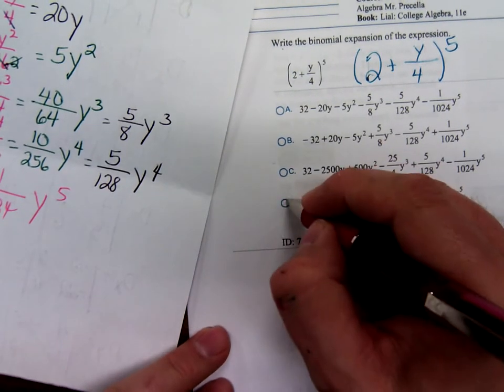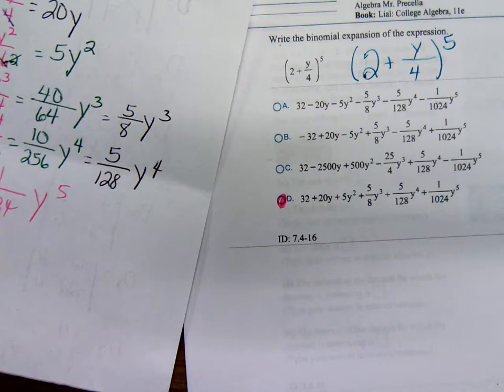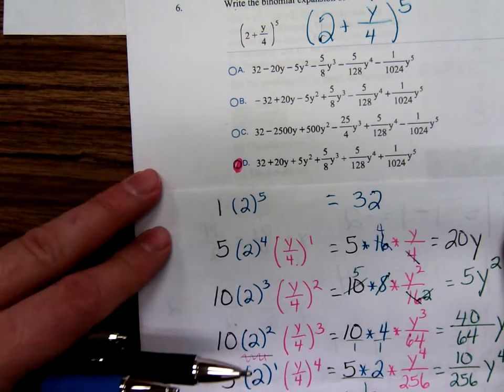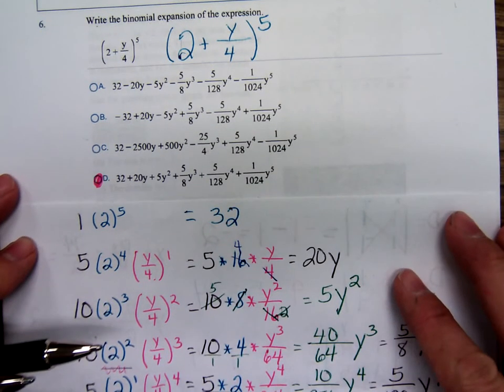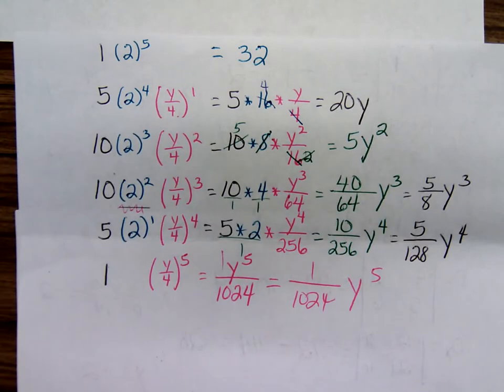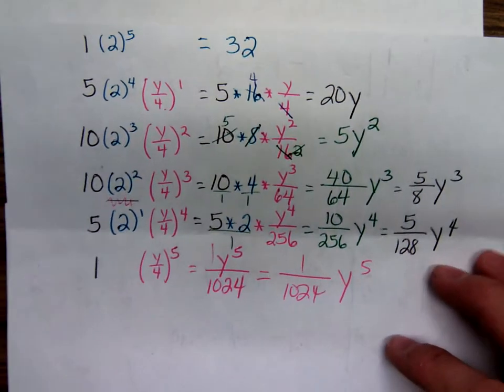So it's definitely D. Again, when you're doing this as a homework problem, you probably wouldn't want to go through and do every one. I just did that to practice and show y'all. Yeah, that was all the examples I wanted to do on this. So work on this binomial expansion.